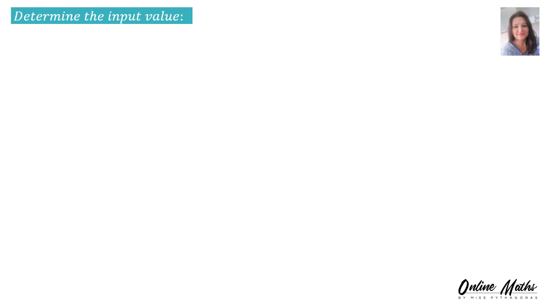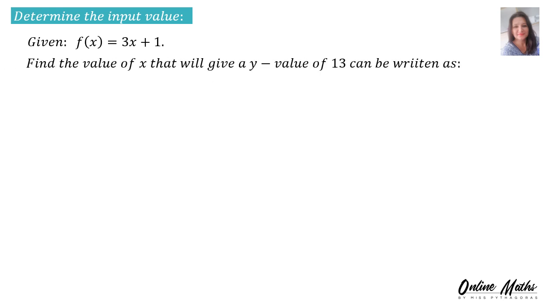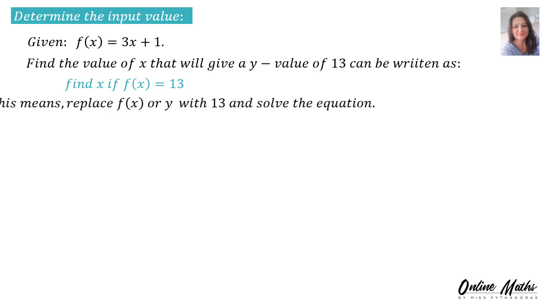Let's discuss finding the input value. Given f of x is equal to 3x plus 1, find the value of x that will give a y value of 13, and this can be written as find x if f of x is equal to 13.